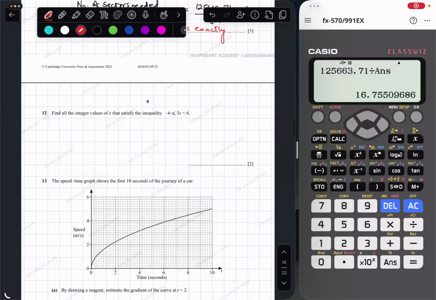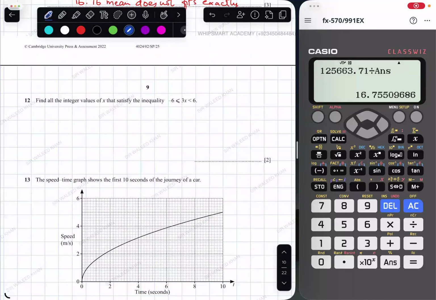So all you have to do is just solve it like it is. You split it into two different parts. The center goes with both. So 3x is greater than or equal to minus 6, and 3x is less than 6. So we have minus 2 is less than or equal to x, and x is less than 2.